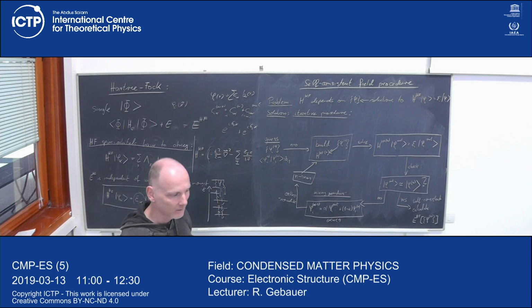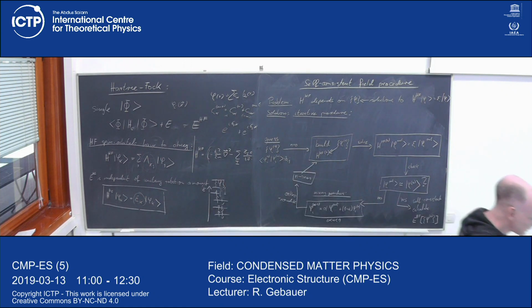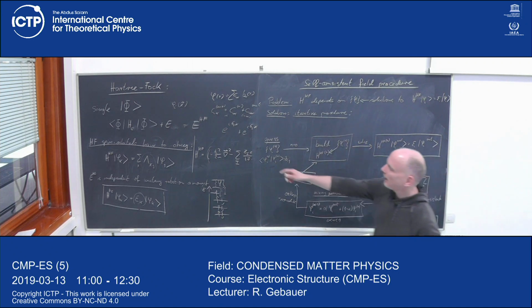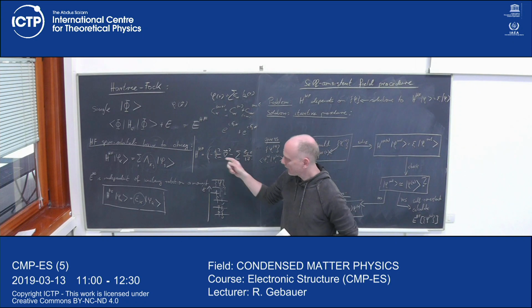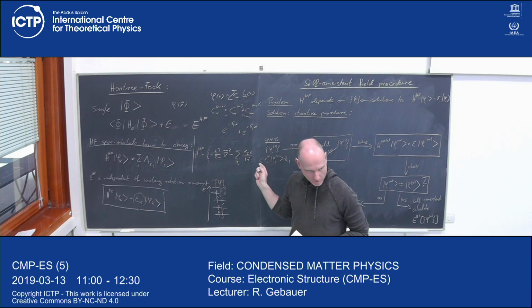Okay? So, since you asked, I wonder if I should write everything in terms of the basis functions or not. I think, you see, one can now say, okay, we have in the Hartree-Fock Hamiltonian kinetic energy and all these terms we've identified.